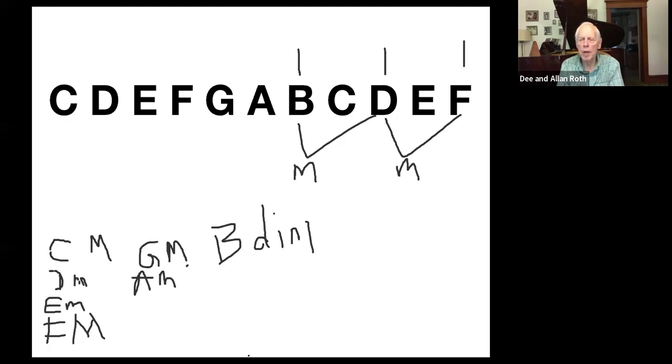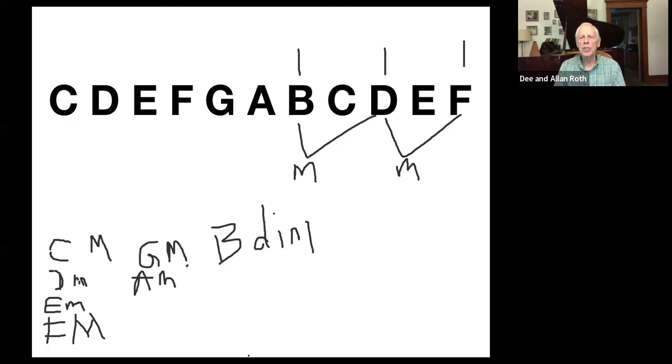But anyway, just to summarize, the major chords in the C major scale are the C chord, the F chord, and the G chord. The minor chords are the D chord, the E chord, and the A chord. The seventh note of the scale is B, and that's the diminished.